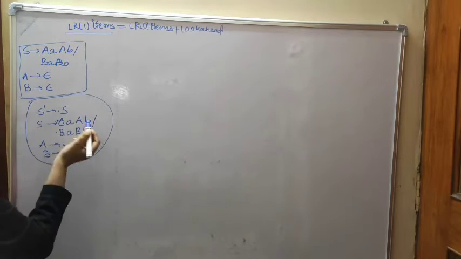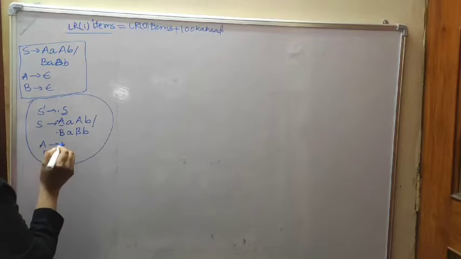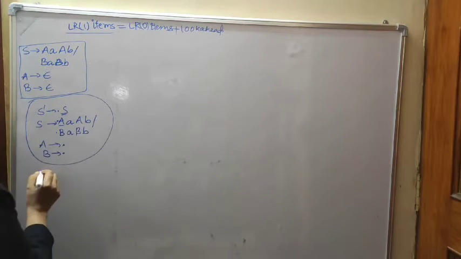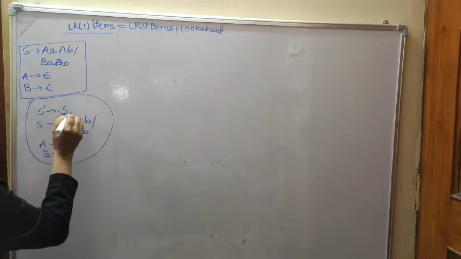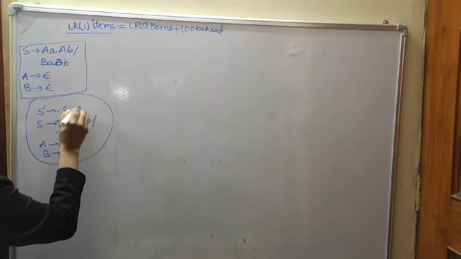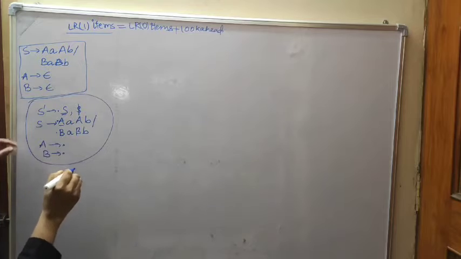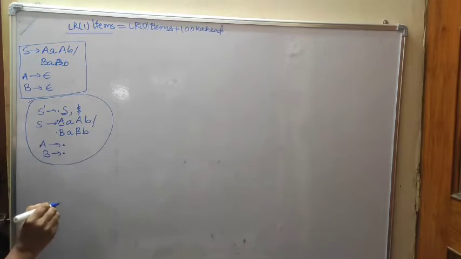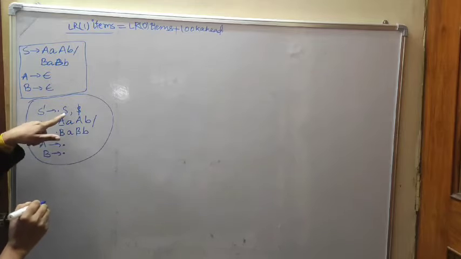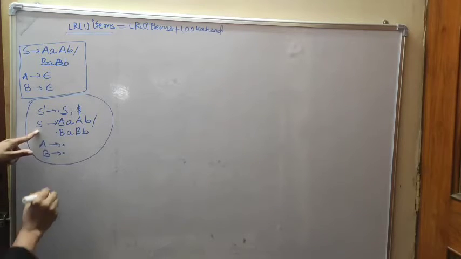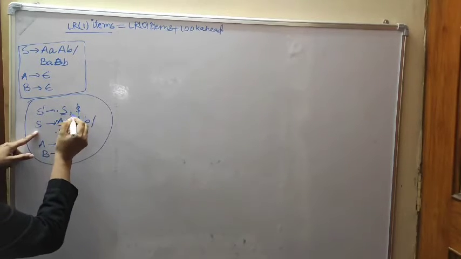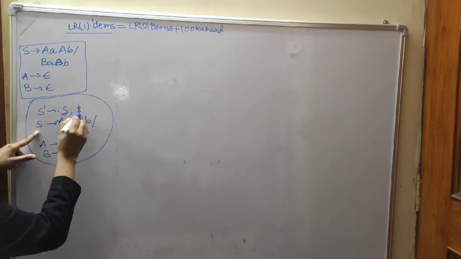Now you will see here S has been given. After S, is any letter given? Nothing. And it is the augmented rule. Then you will put it in the look ahead. And S is the starting symbol, so that is why the look ahead is dollar. Now because of S we are writing these production rules. So after S, which letter is given?